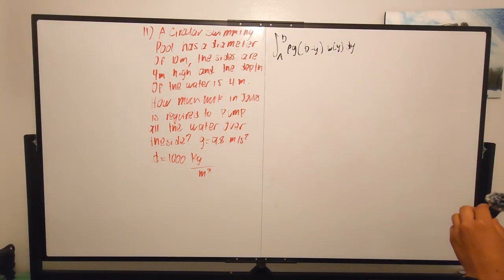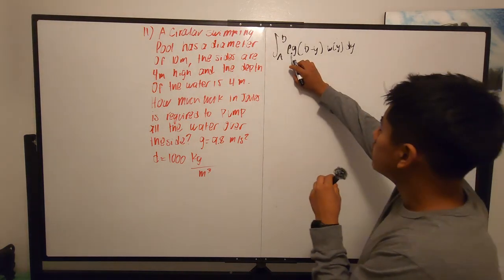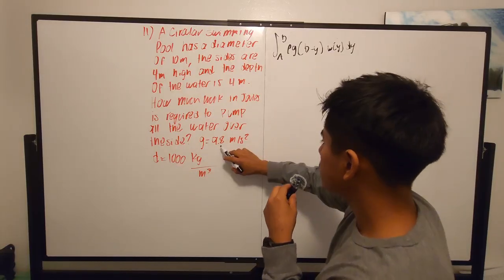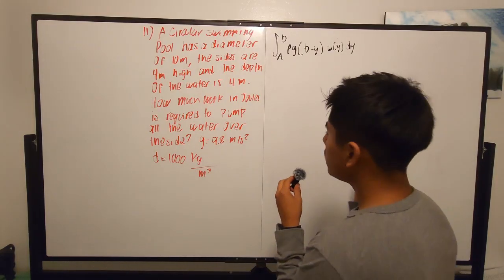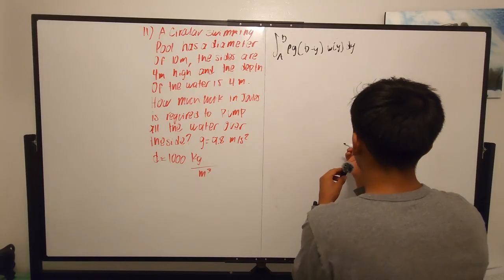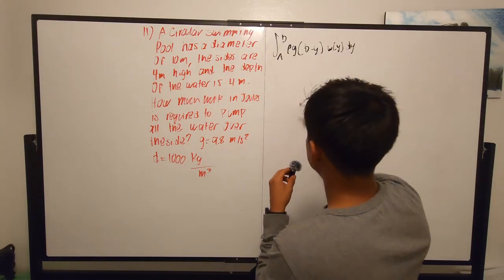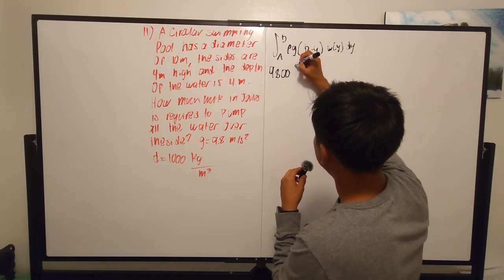Okay, so now we're going to plug in everything that we know. Rho is just the water density, and g is of course the acceleration from gravity, which are both constants. So we can go ahead and pull that out. We have 9.8 times 1000, which is going to give you 9,800.